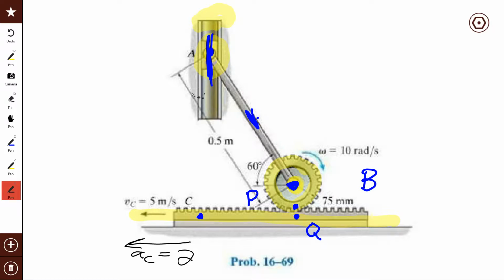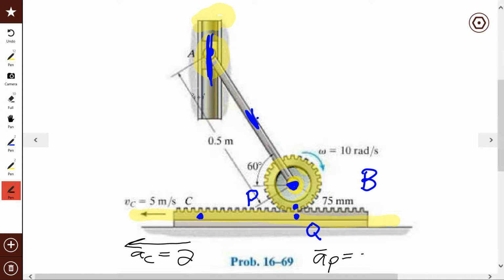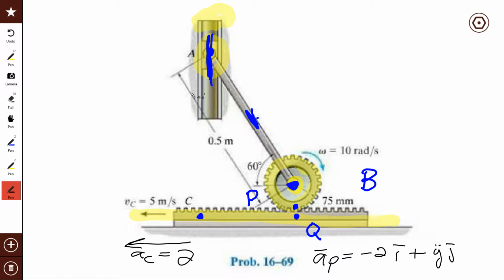So I would write acceleration of P equals, in the plane it's the same as Q. What has Q got in the plane? Negative 2, right? So it's negative 2I. What do you know about the vertical? Nothing. I'll just put a double dot just so you know it's an acceleration term. So if I were doing acceleration, I would do that.